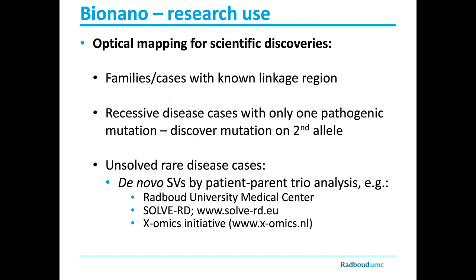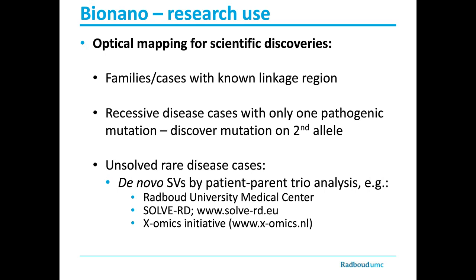With that, I'd like to wrap up, or actually I wanted to use this last case of Roland to highlight that we're currently launching another research program where we think optical mapping can lead to other scientific discoveries. Those are, for example, cases or families with a known linkage region for their disease. Sometimes that is already known for years, and none of the sequencing approaches have yet identified the disease-causing mutations. We're also using optical mapping now for some research families in which we strongly suspect recessive disease.